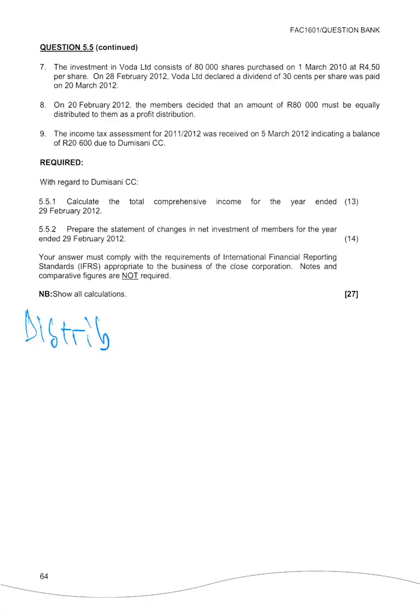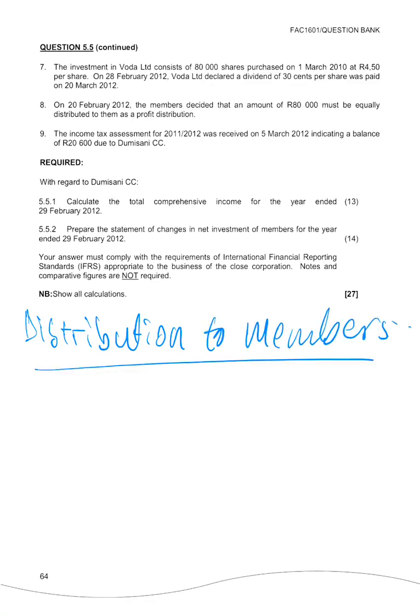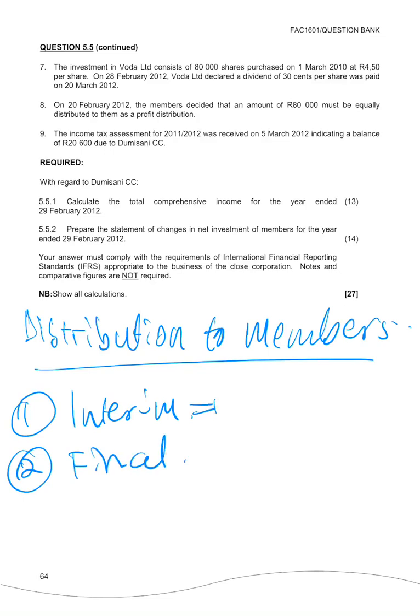So whenever there is distribution to members, there are two types of distributions that you have to take into account. Number 1 is the interim, and number 2 is the final. So the interim, these are profits that have been distributed during the year. Let's say the entity was making a lot of profits, then they say, no, let's just pay each other profits.